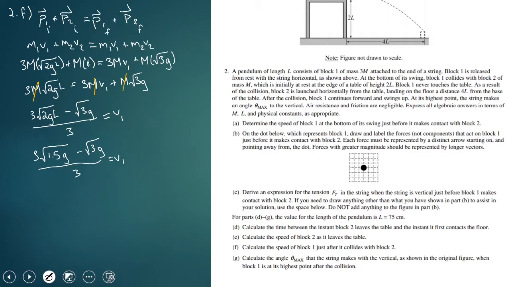So I'm going to put this in my calculator. I'm just going to write 15 directly because I'm using g equals 10, minus the square root of 30, divided by 3. And so I get the answer 2.047.